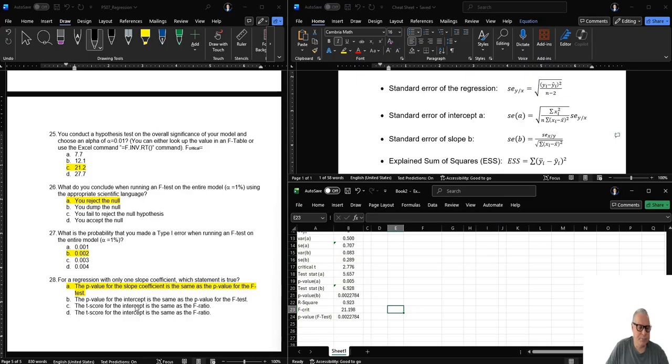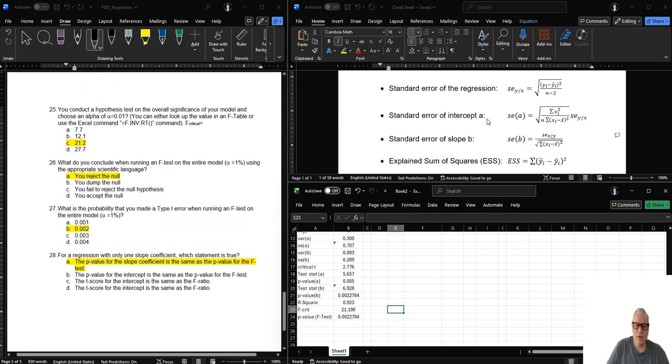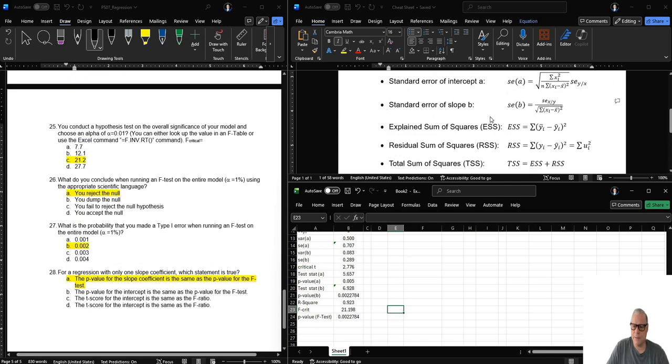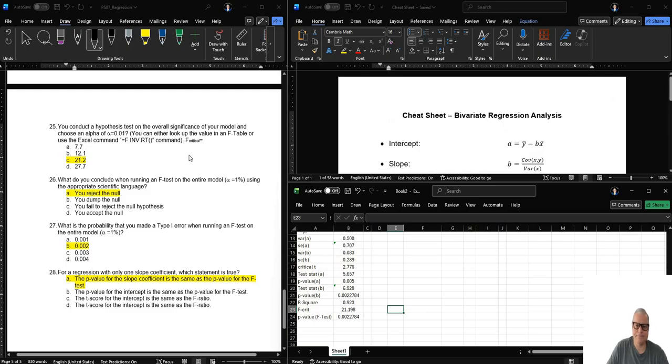Okay, and of course B, C, and D are wrong. The p-value for the intercept is the same as the p-value? No, the t-scores are different. Okay, so that was just again a review. The point here was to say that things can be calculated.